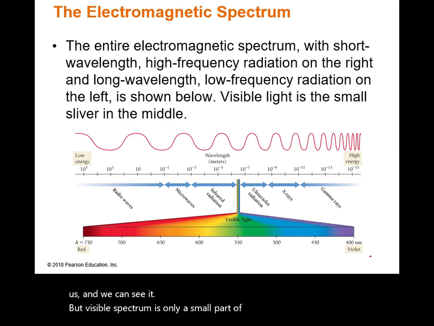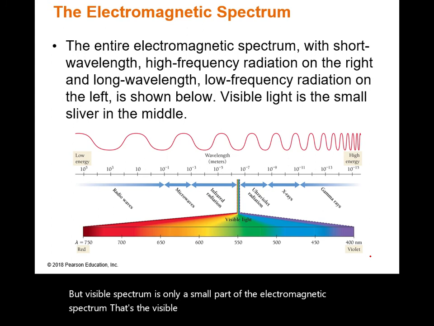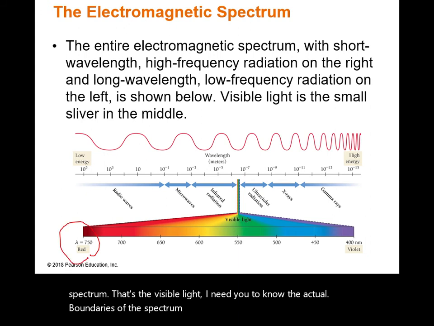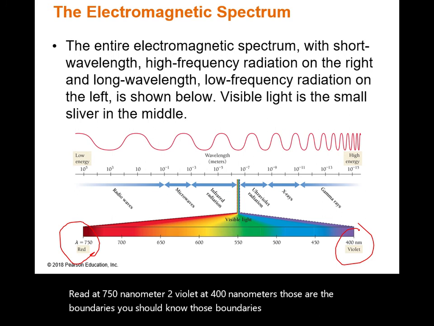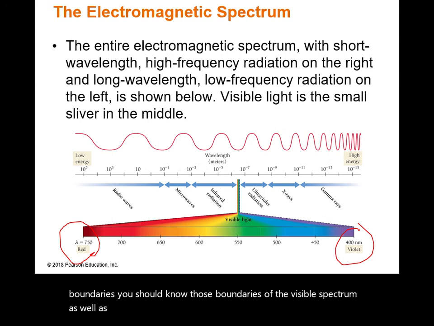I need you to know the actual boundaries of that spectrum. It has red at 750 nanometers to violet at 400 nanometers. Those are the boundaries. You should know those boundaries of the visible spectrum as well as the sequence of that spectrum. All right.